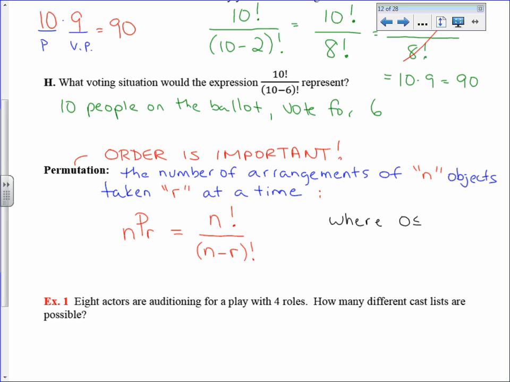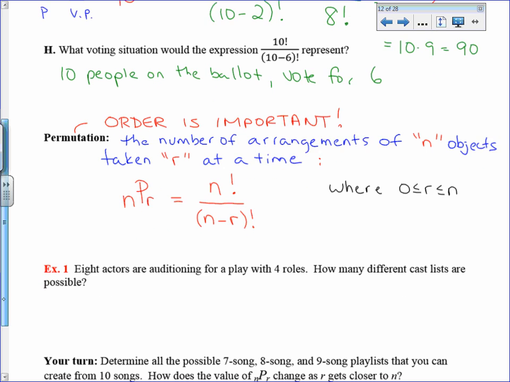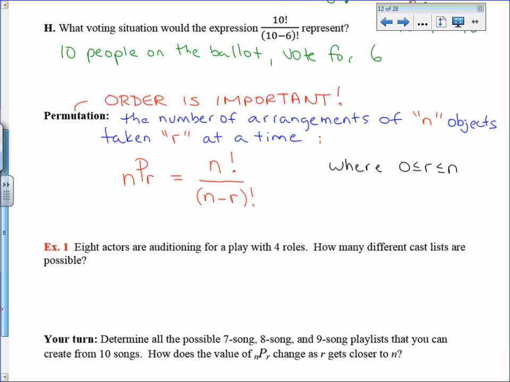Where r has to be greater than or equal to 0 and less than or equal to n. And you can't have any negative numbers. And what we were doing yesterday, like a special case, n pick n, is just n factorial divided by n minus n factorial.